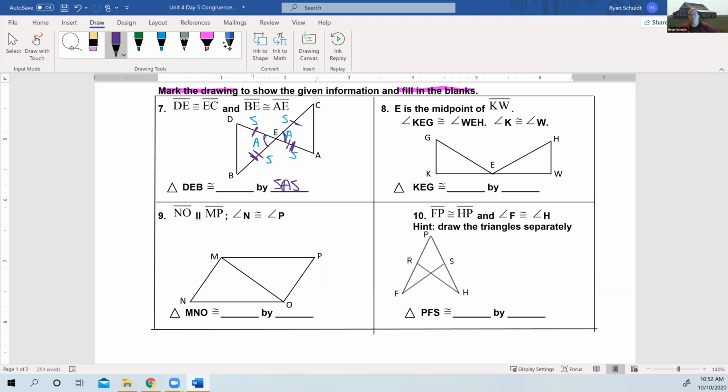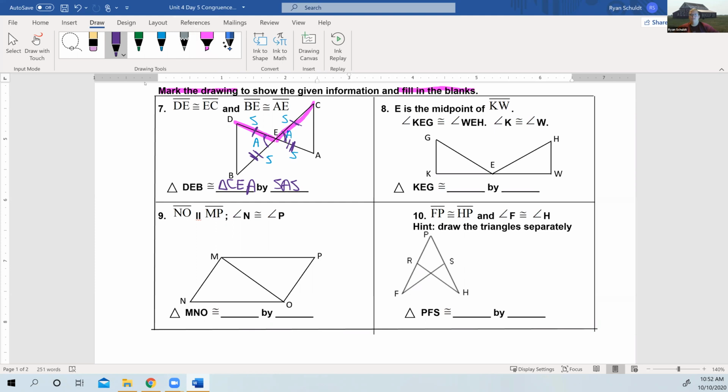They said DE first, so the single one first going to the middle. That means I've got to start the same way and end up in the middle here. So that's why I've got to say triangle CE, and then all I have left is A. That's 7.